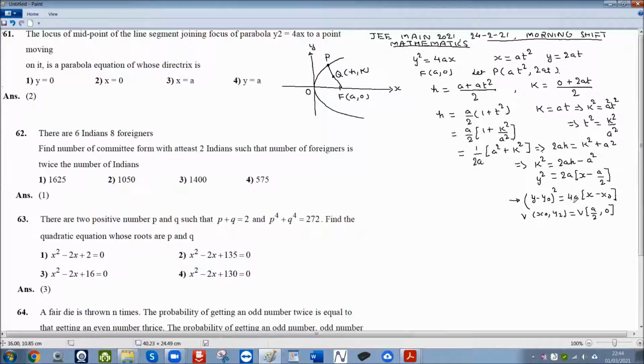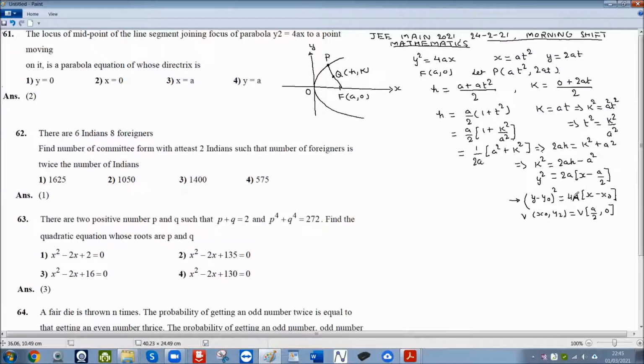And this, let's put it as capital A for comparison because lowercase a is present in the question.